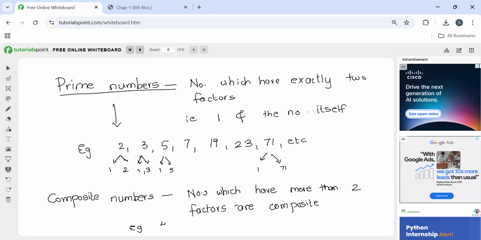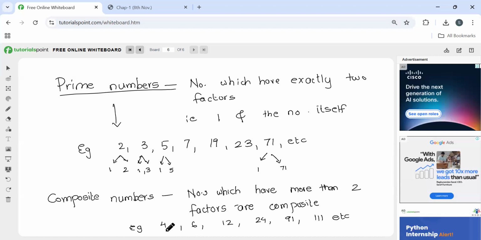Examples: 4, 6, 12, 24, 91, 111, etc. All these numbers are composite because apart from 1 and the number itself, they have other factors.